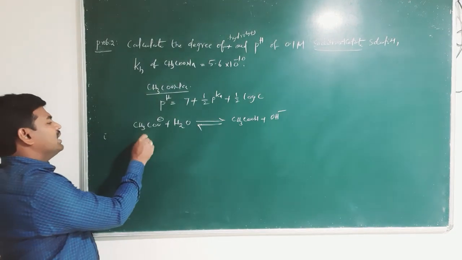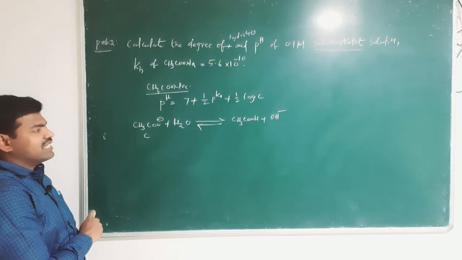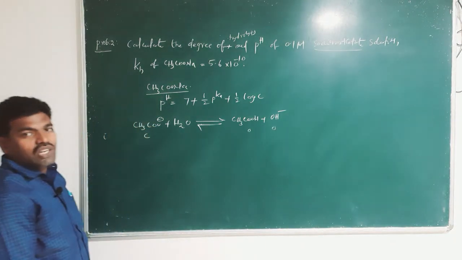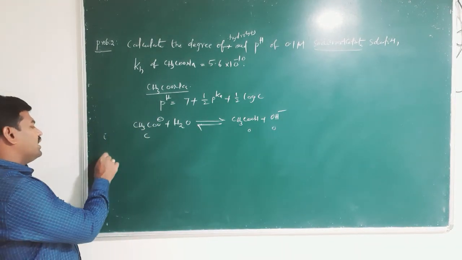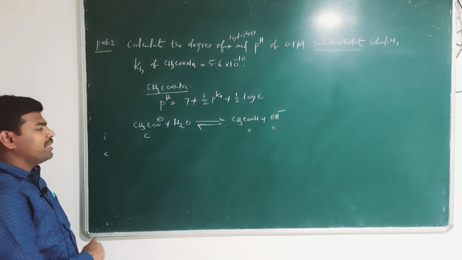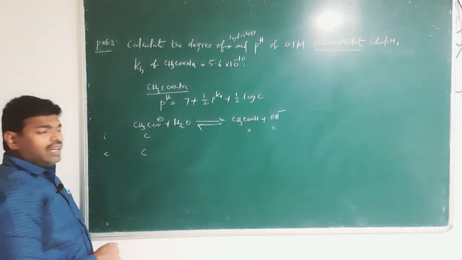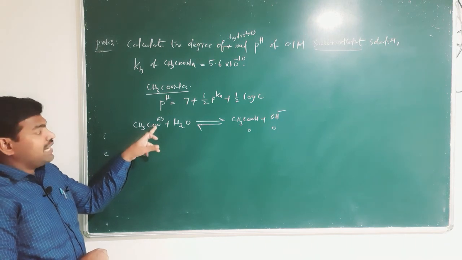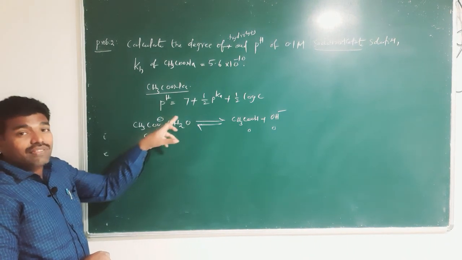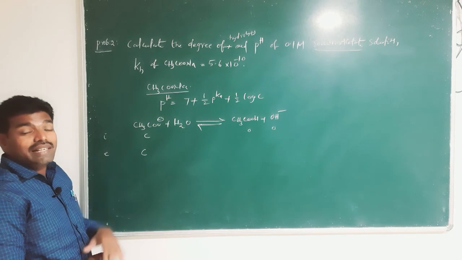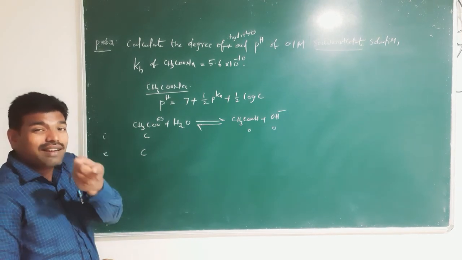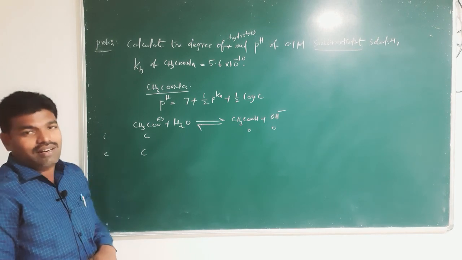Initially this ion concentration is C and the other concentrations are 0 before attaining equilibrium. After attaining the equilibrium, the degree of hydrolysis is the fraction of total salt that has undergone hydrolysis.